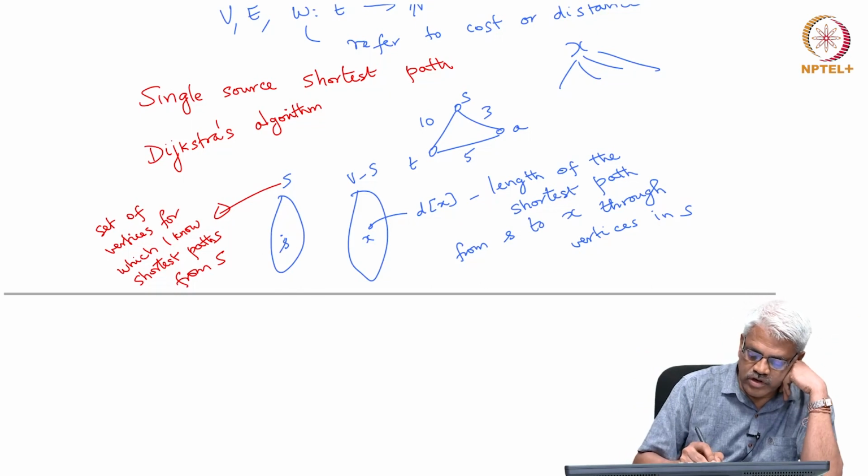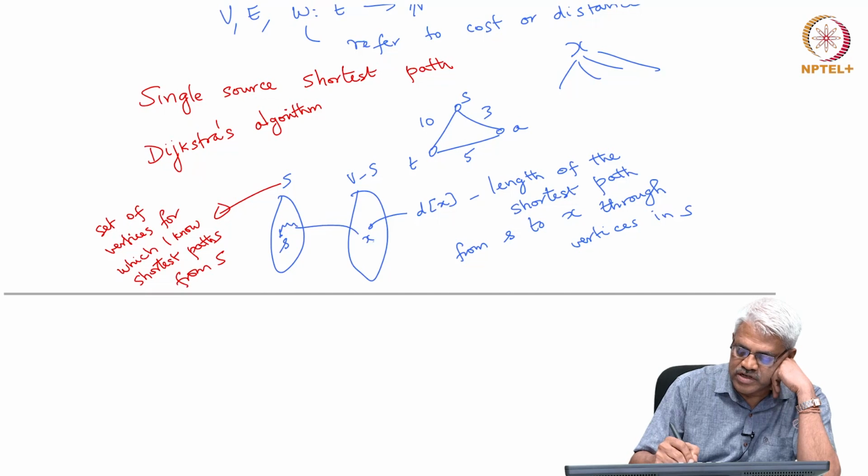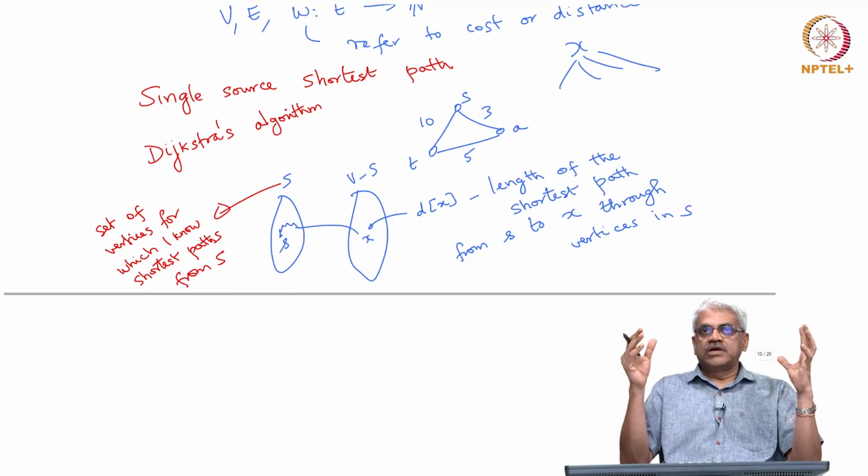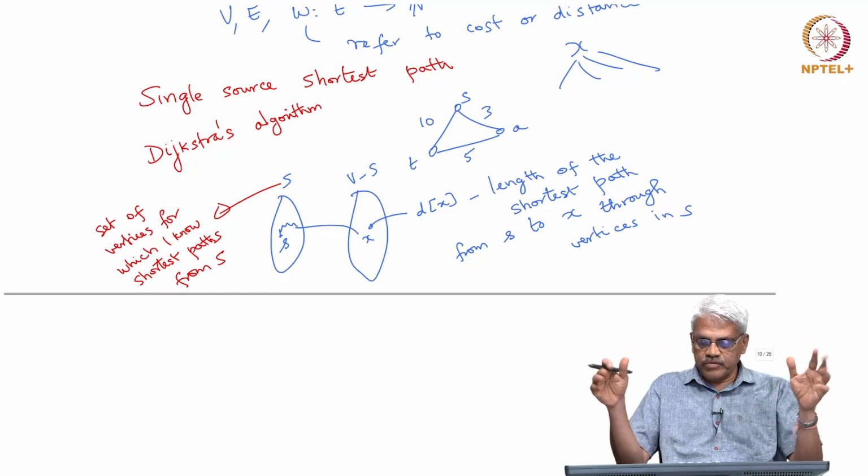So the shortest path can go like this and then come back to x. It cannot use vertices of V minus S. Such paths I am going to find the shortest distance and store them, pre-compute.